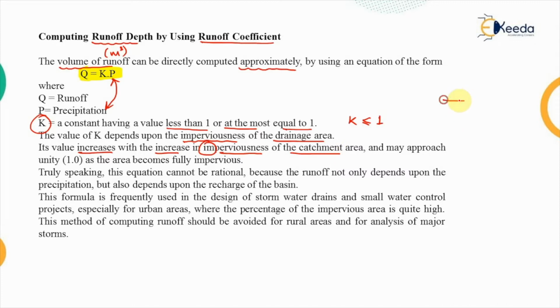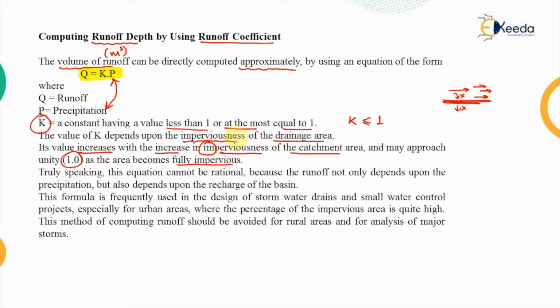That means if the surface is solid enough, then there will be no percolation and the water will be flowing over the surface as it is. And it may approach unity value if the area becomes fully impervious. But this equation cannot be rational because the runoff not only depends upon the precipitation but also depends upon the recharge of the basin, as we have seen in the previous method.